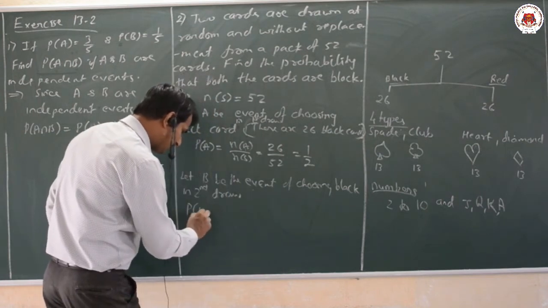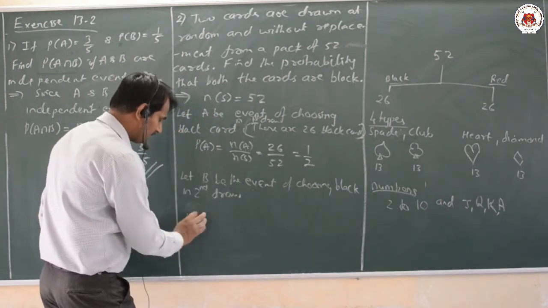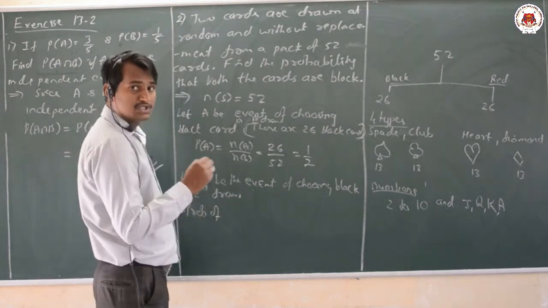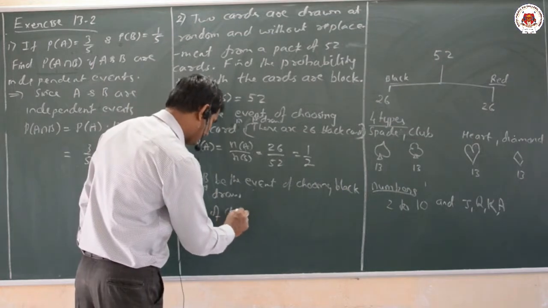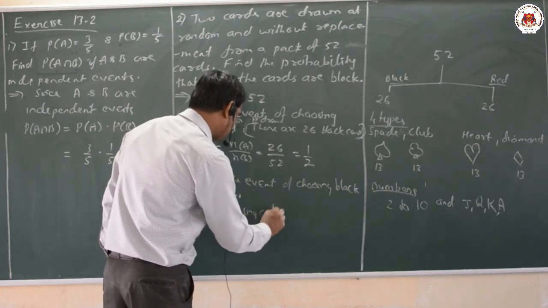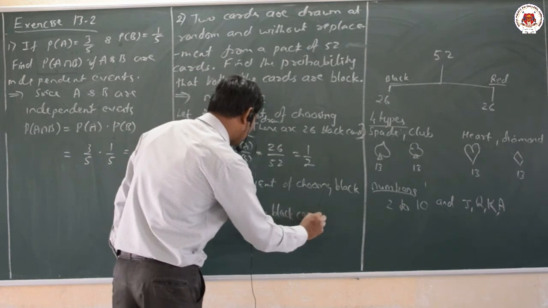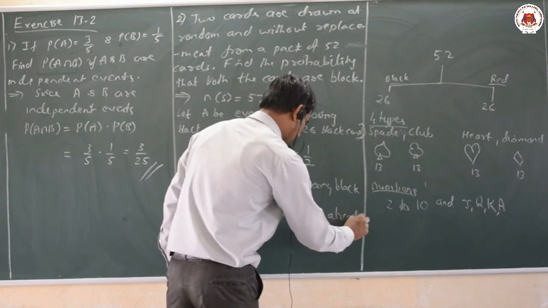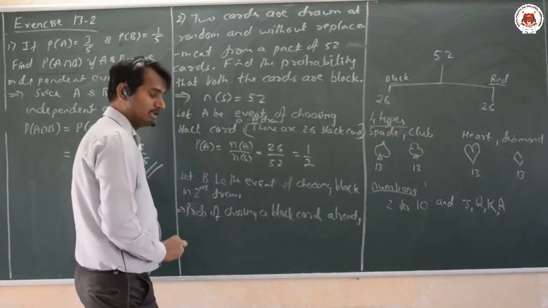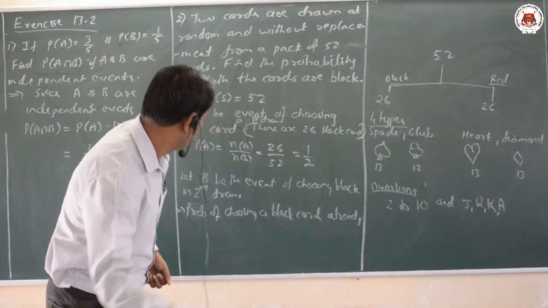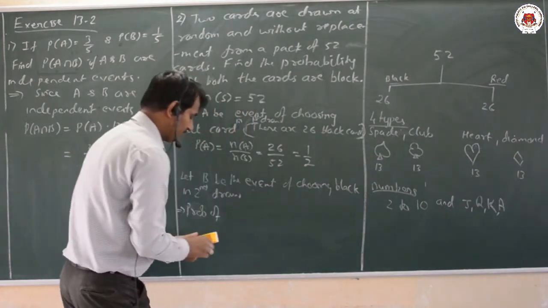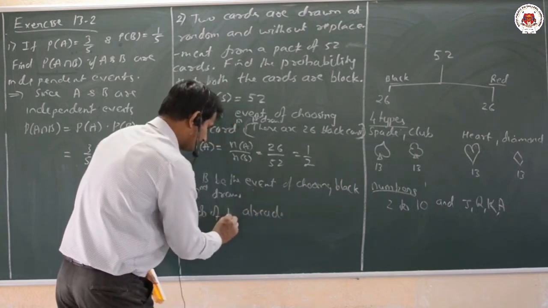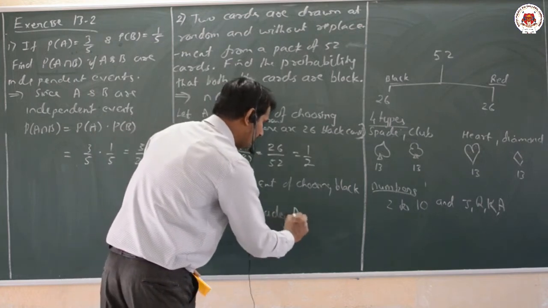If we require the probability of B, that implies the probability of choosing a black card when A has already occurred. That is, the probability of B given that A has occurred.